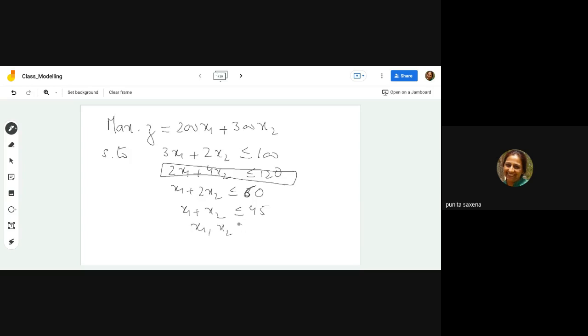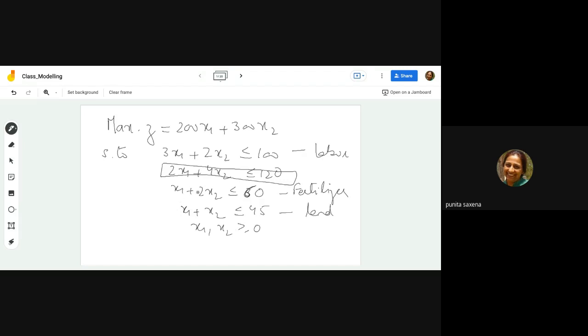And x1, x2 greater than or equal to zero. This was your labor constraint, this is your fertilizer, and this is with regard to the availability of the land, because the first sentence itself says that the farmer owns 45 acres of land. So obviously he cannot grow on more than whatever is owned by him.